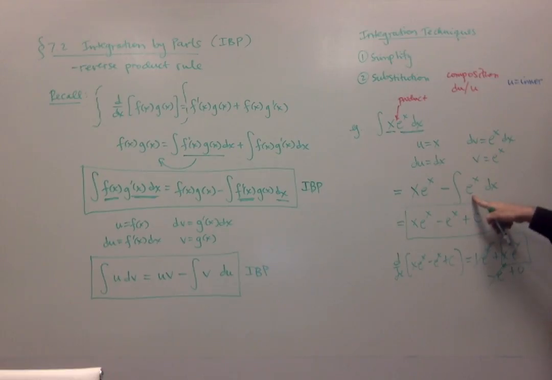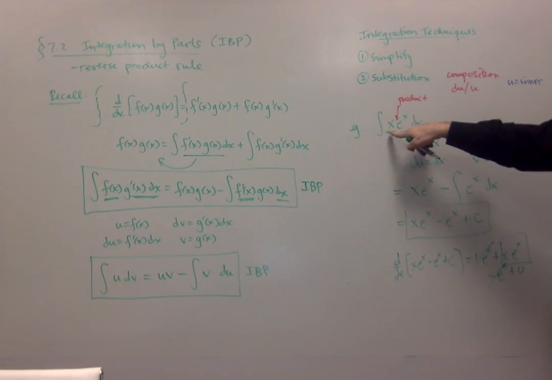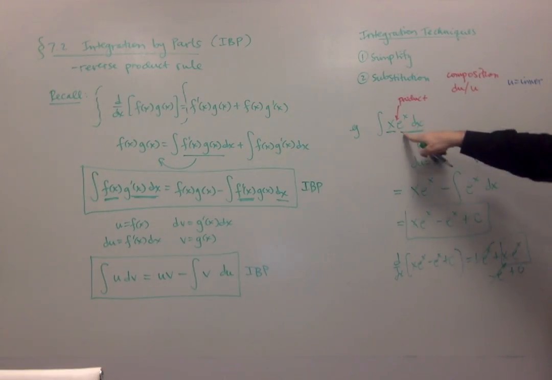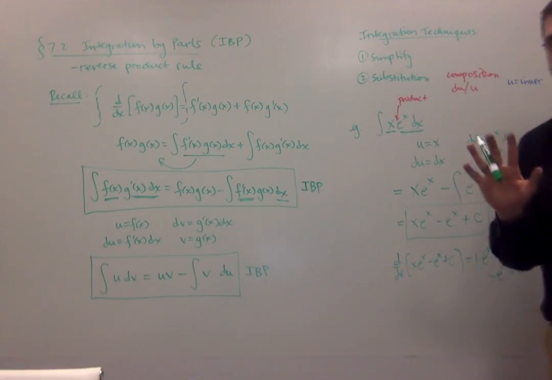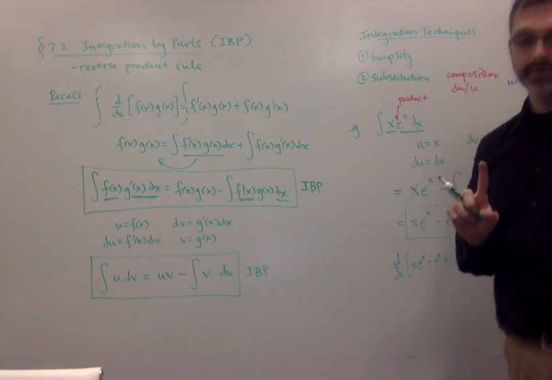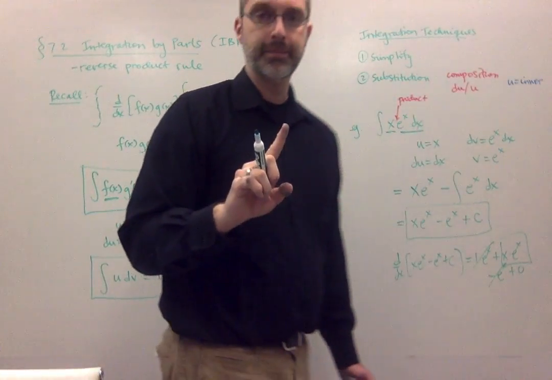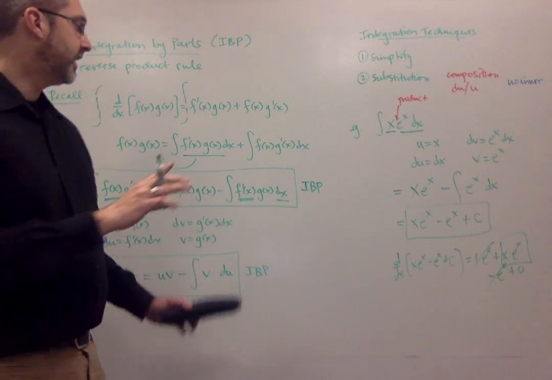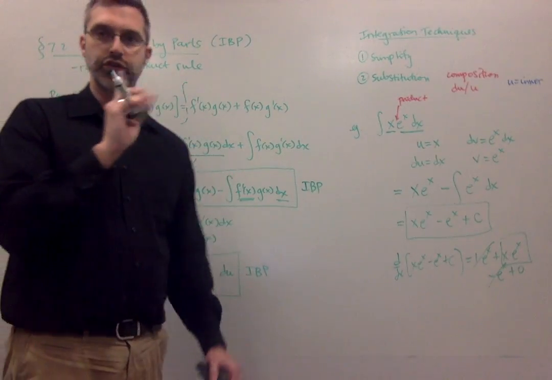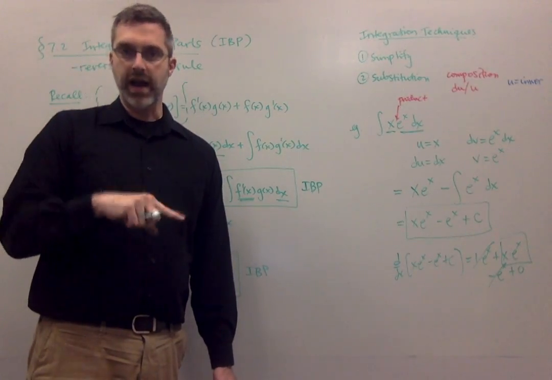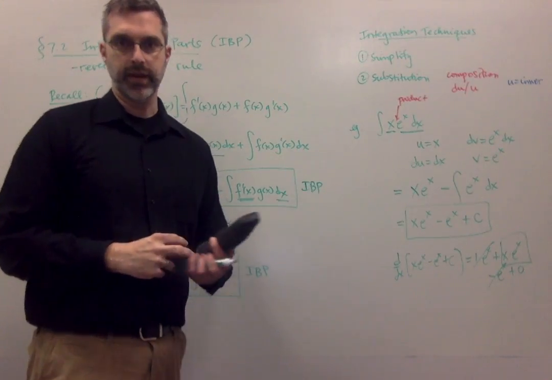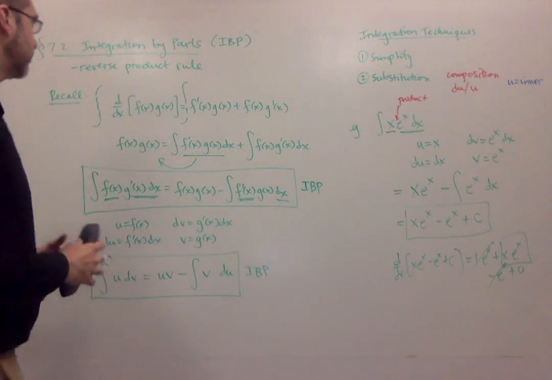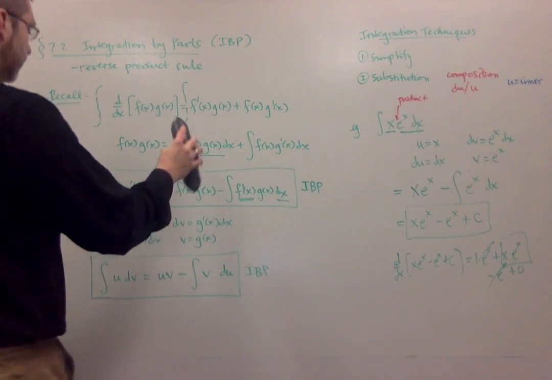Now I haven't explained how I knew to have u be this and dv be this. I'm not going to get into that yet. Let me do a couple of other examples, and then, having those examples on the board, I want to show you why I picked what I picked. I just want to show you how this works.